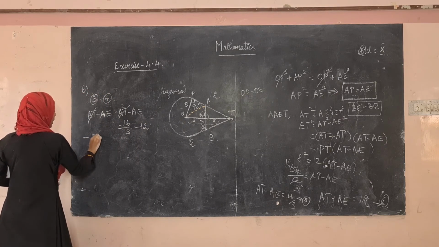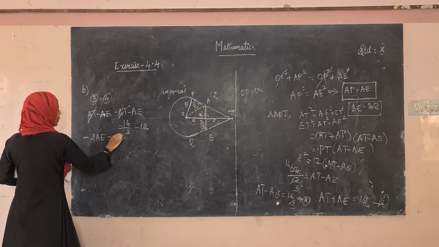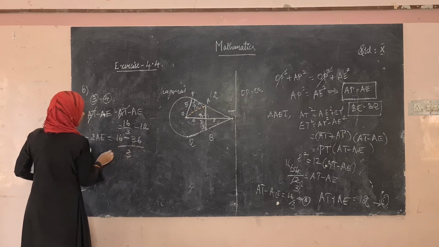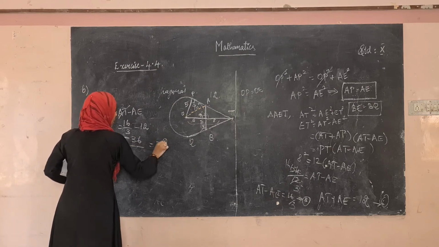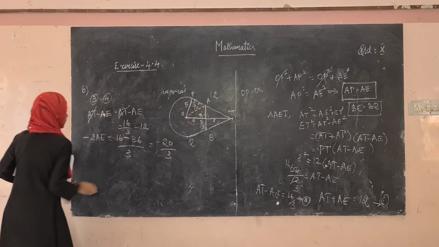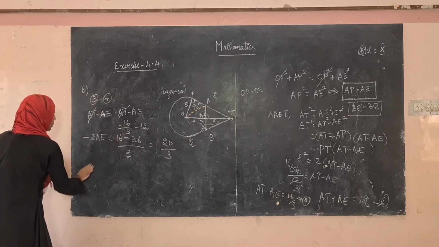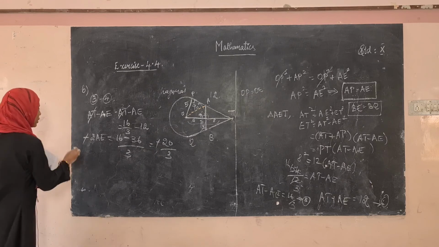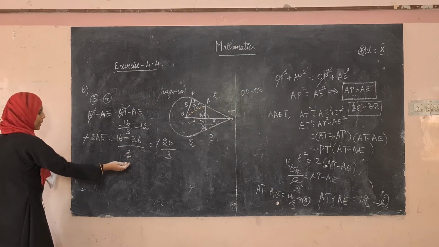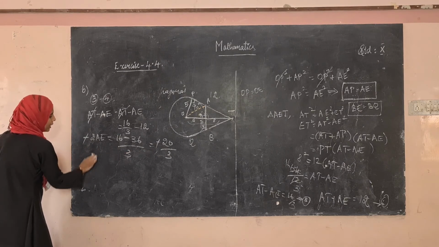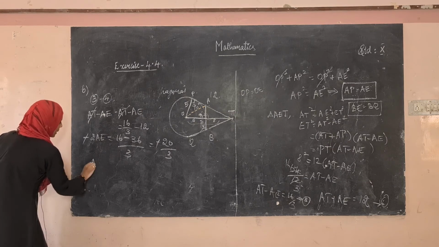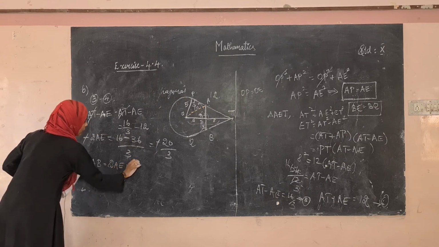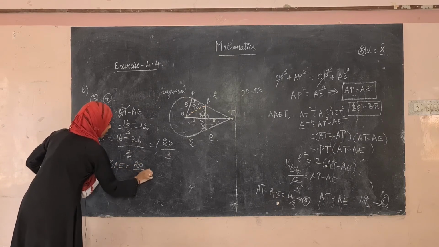Minus 2AE is equal to (16 minus 36) divided by 3, which is equal to minus 20 divided by 3. So here one minus is there and here one minus is there, we can cancel them, and 2 into AE is equal to 20 divided by 3. 2 into AE is the AB. AB can be written as 2 into AE, which is equal to 20 divided by 3 centimeter.